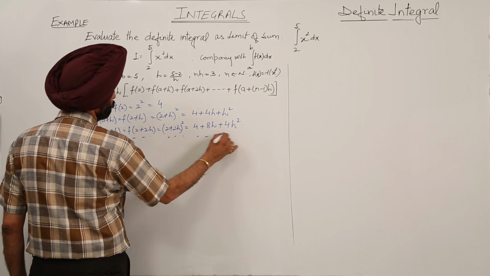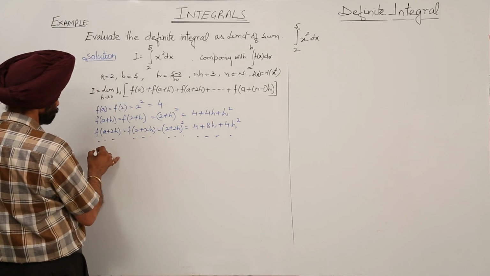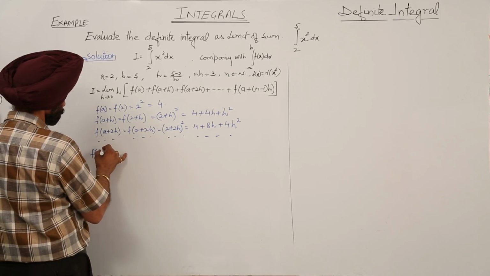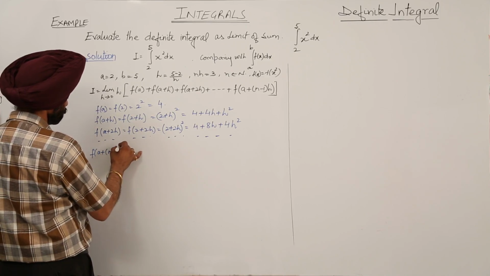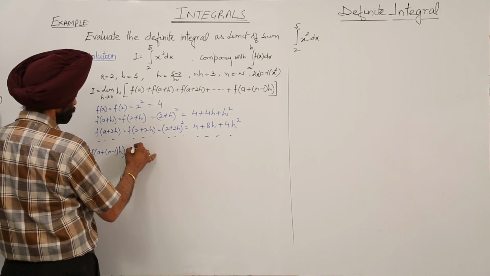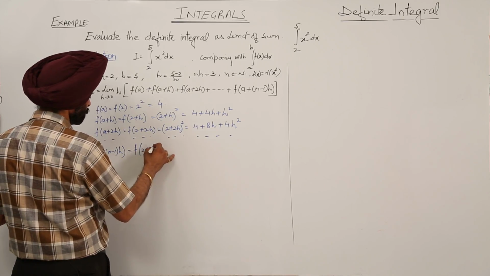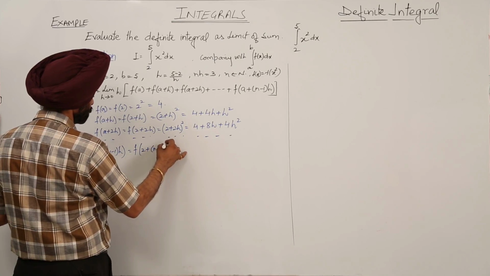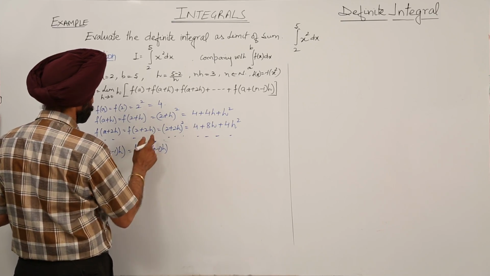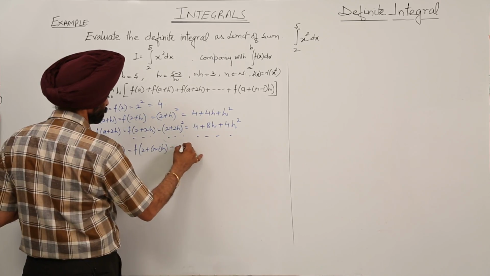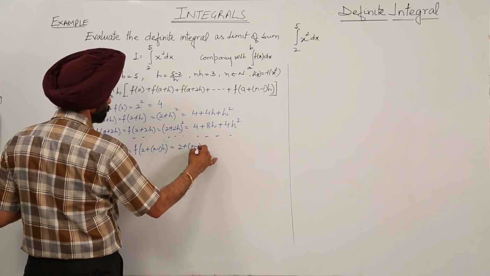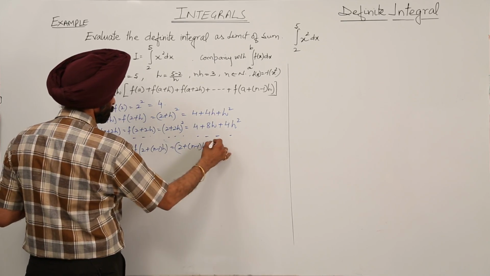And remember, don't avoid the last term, f(a plus (n minus 1)h). This is equal to f(2 plus (n minus 1)h), and this is equal to (2 plus (n minus 1)h) whole square.